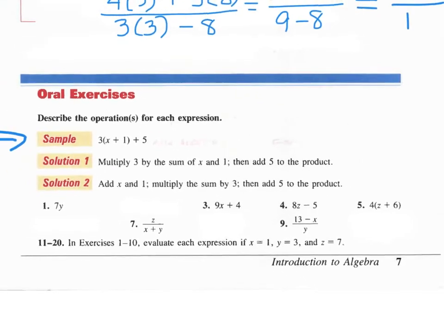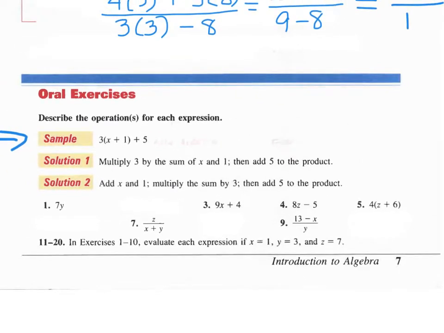The solution first tells you to multiply 3 by the sum of x and 1, and then you would add 5 to the product. And then here it's saying add x and 1, multiply by the sum. Those are two different solutions you could do. So it's not asking you to solve anything here.